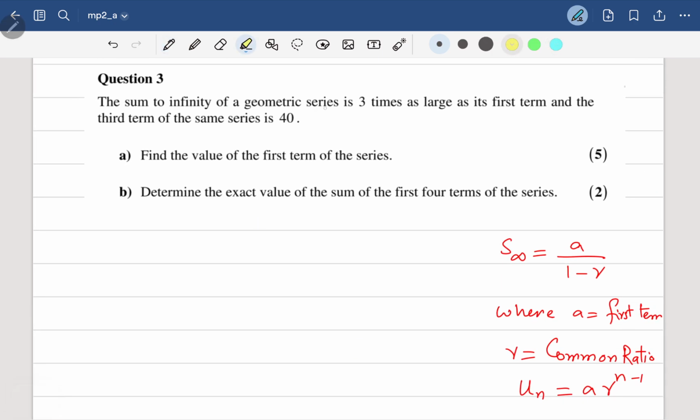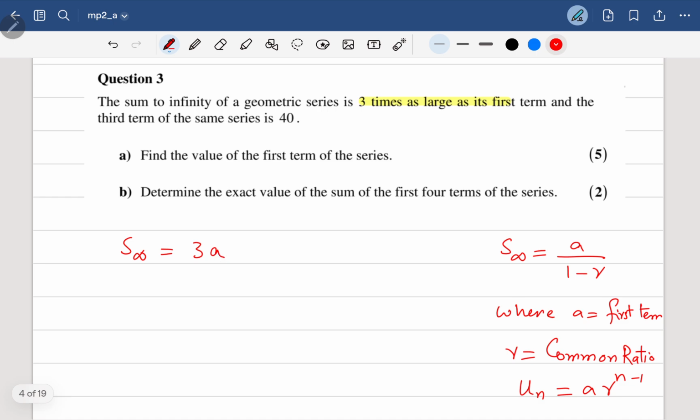The question statement is: the sum to infinity of a geometric series is 3 times as large as its first term. So if we consider s infinity, since the sum to infinity is 3 times as large as its first term, if you multiply the first term by 3, then this should equal s infinity.